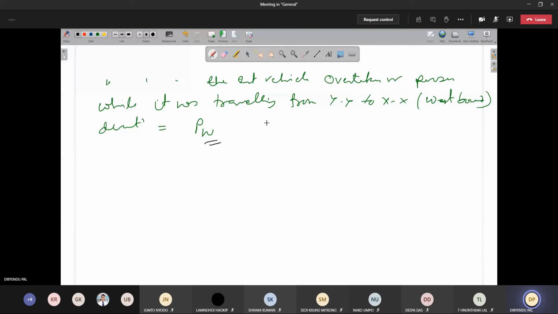Then the volume in the westbound direction can be calculated. Before this calculation, I will give you the derivation of how it is actually calculated. In this book they have given directly the answer. I don't want to give you the answer directly.